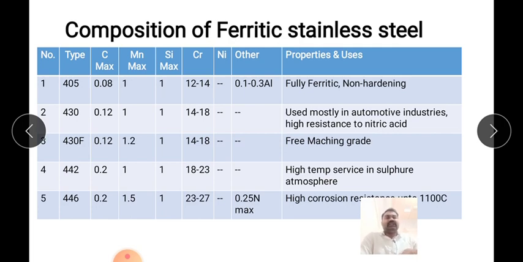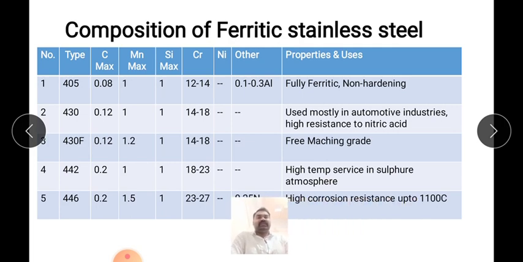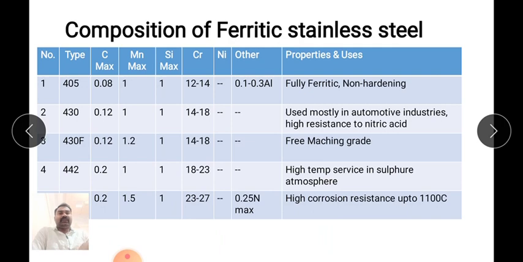Then next is 446: 0.2% carbon, 1.5% manganese, 1% silicon, and 23 to 27% chromium. Okay, and 0.25% nitrogen. This has high corrosion resistance up to 1100 degrees Celsius.